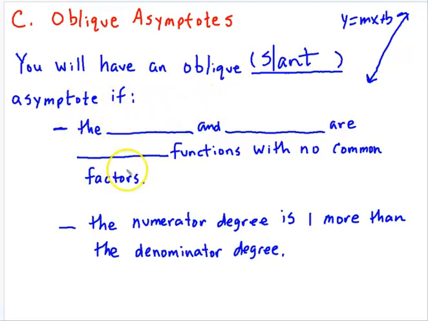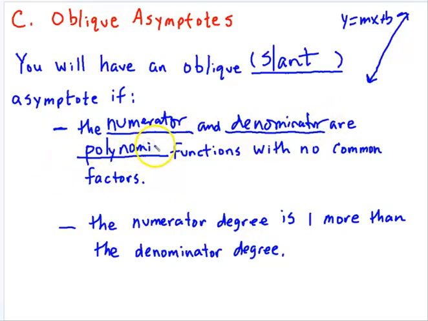If these two situations occur, first of all, we have to have the numerator and denominator are polynomial functions with no common factors. All right, what's that mean? Well, let me give you an example of rational polynomial functions.